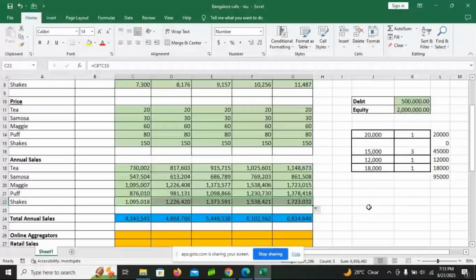Guys, calculate the annual sales, apply the price, and check for annual sales.